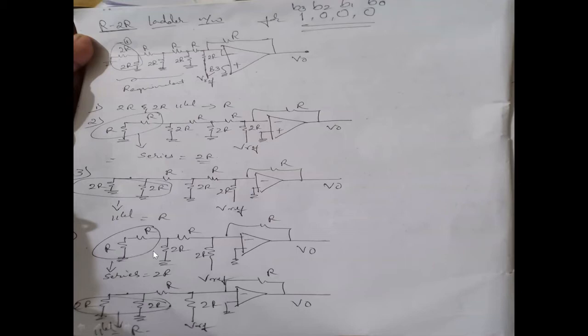Now these two are in parallel. This 2R would be in parallel with this 2R, and when 2R is in parallel with 2R, you obtain R. Again, R plus R in series gives you 2R.